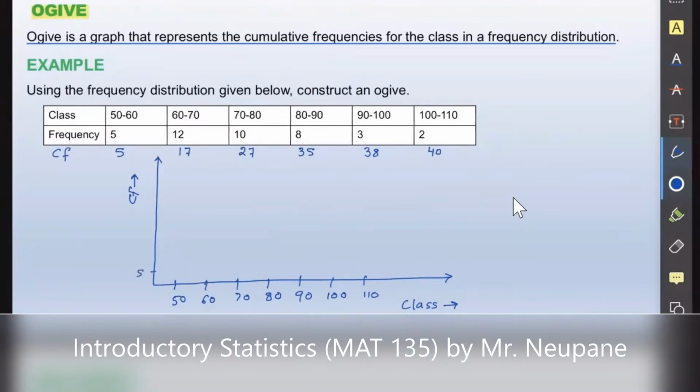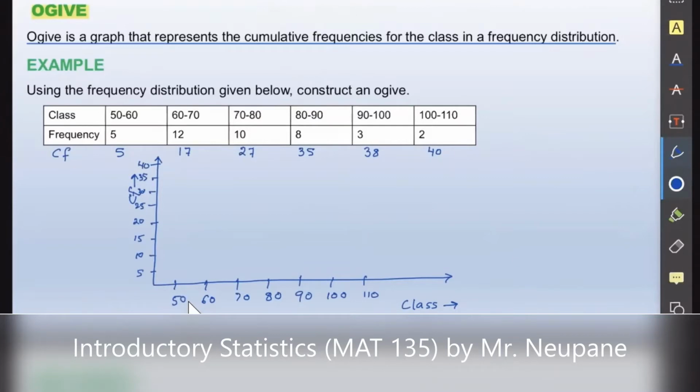So 5, 10, 15, 20, 25, 30, 35, and 40. You can use your own scale to fit the length of the y-axis that you have here. In my case, I used 5 and it fitted nicely.